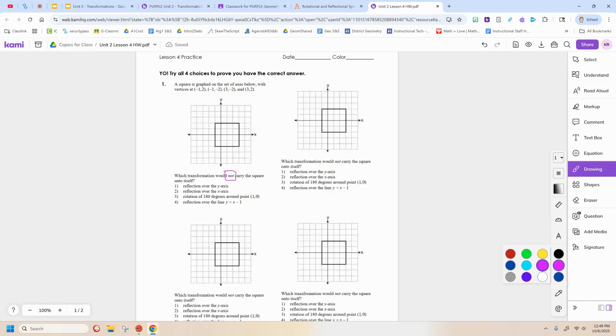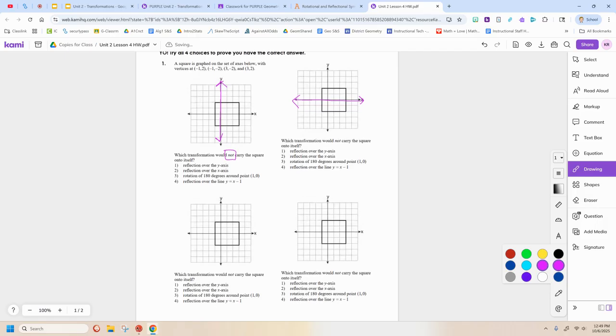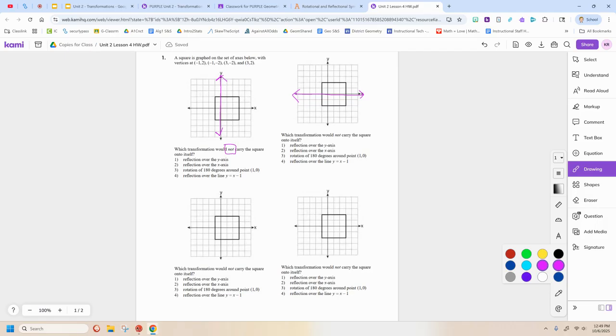But here we go. So reflection over the y-axis. I'm going to draw the y-axis. And this one over here, I'm going to do choice 2, reflection over the x-axis. Okay, rotation 180 degrees about the point 1, 0.